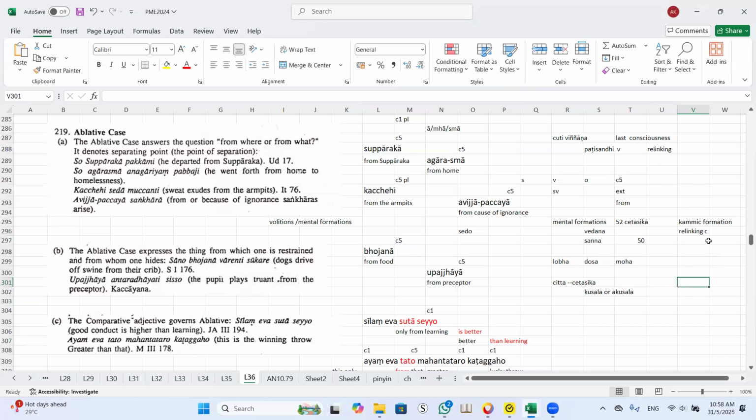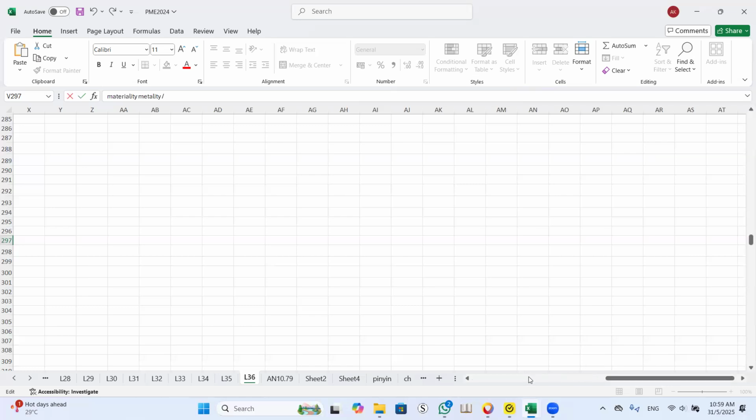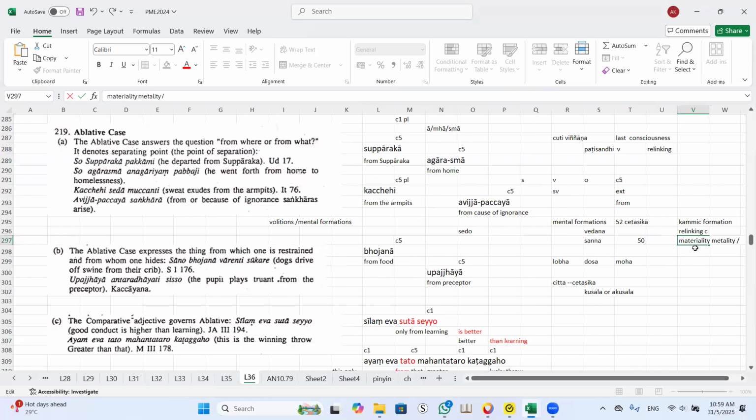Vijnana paccaya nama rupa. Then only the materiality and mentality. So this is nama and rupa.